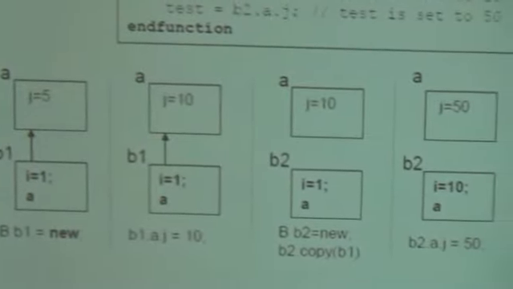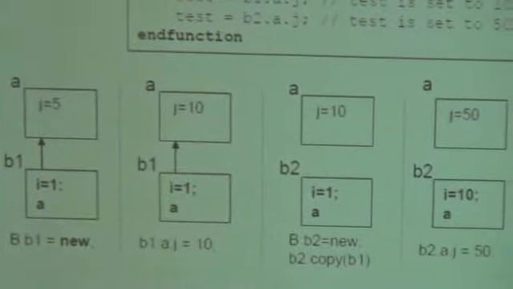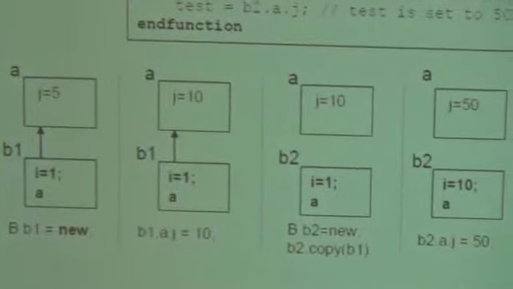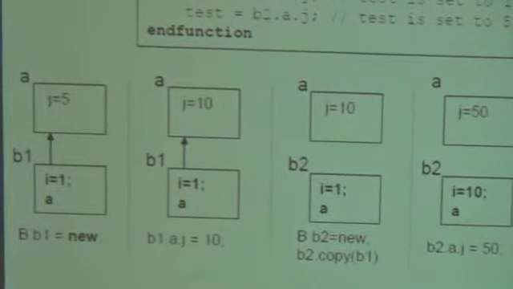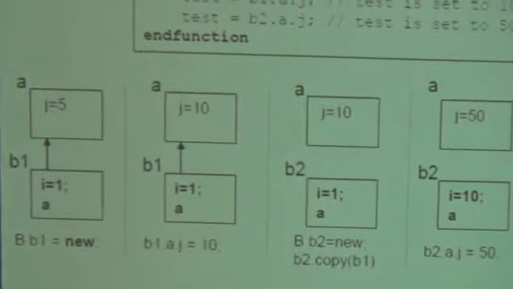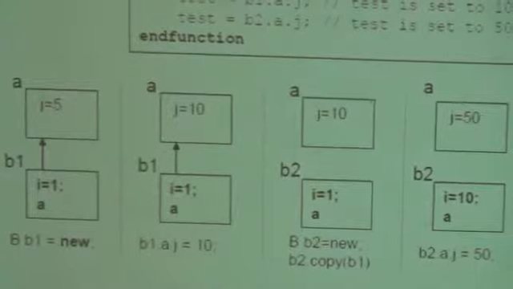Here B is the name of a class, b1 is the object handler for class B, and we have created an object. So b1 has its own object for class A, whose object handler is A, and in that A we have got j equal 5.